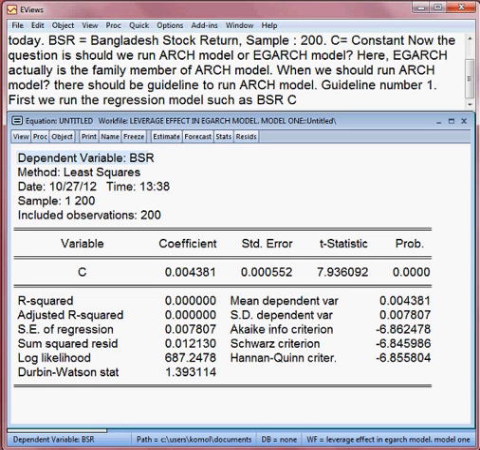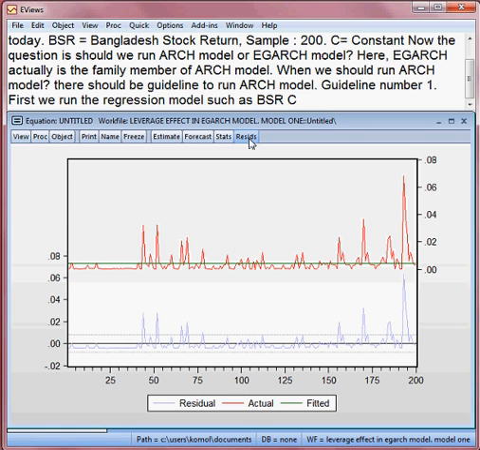Now from this model I check the residuals. I click on the residual, and you can see the residuals.